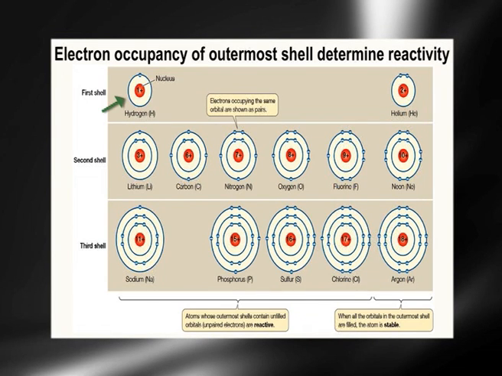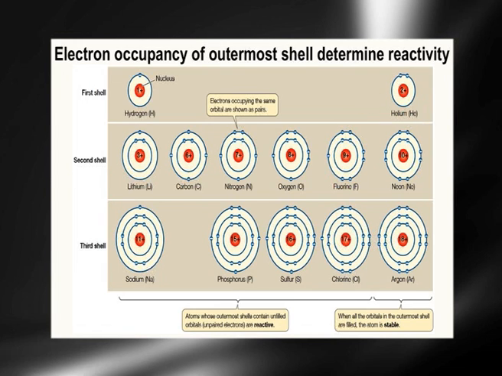Consider the first shell elements, hydrogen and helium. Their outermost shell, that is the only shell, contains only the 1s orbital. In hydrogen, there is only 1 electron, so it is partially filled and reactive. But helium contains 2 electrons in its orbital, so it is filled up and stable. It is sort of inert.